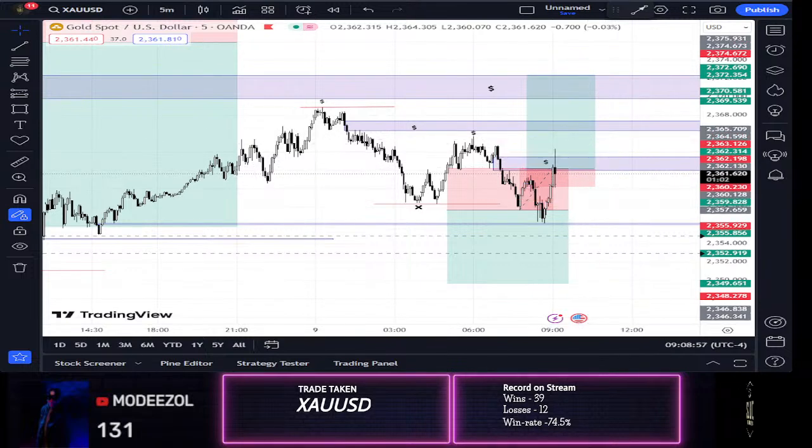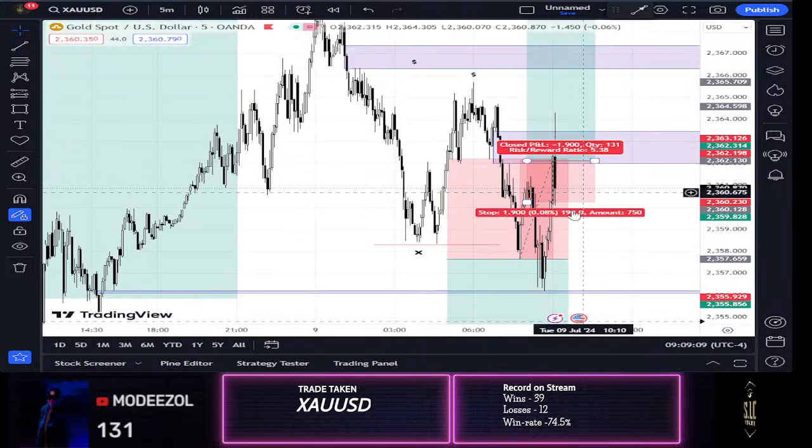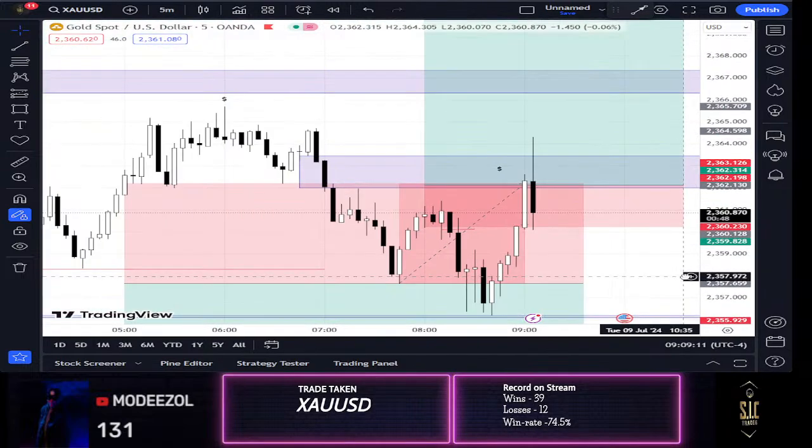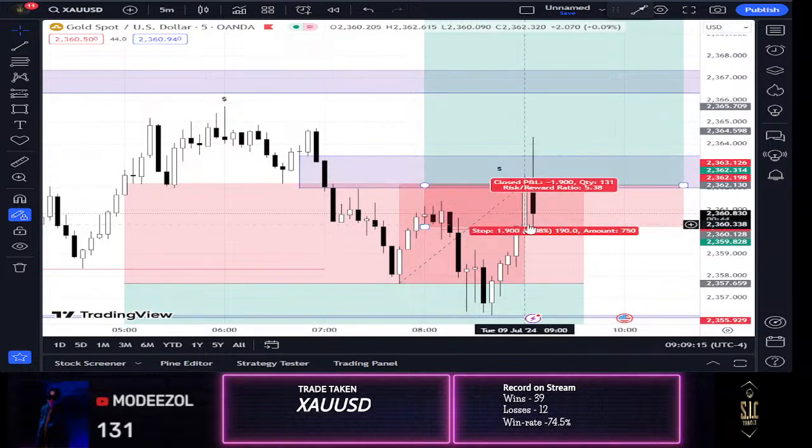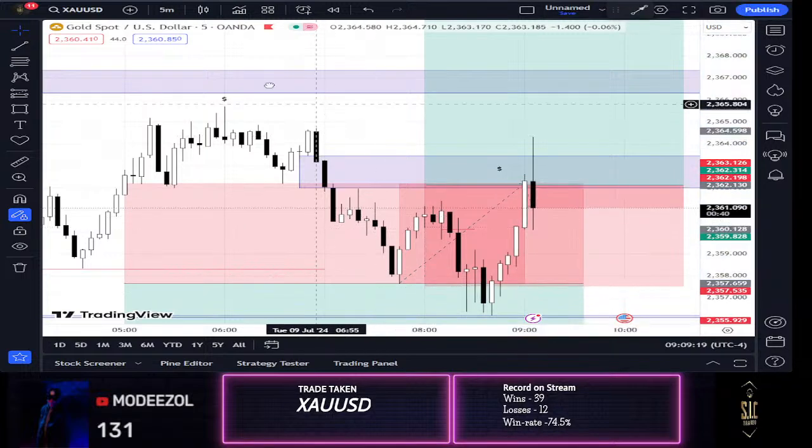I think it hit TP1 and, hold on, let me see. Yeah, it came back and filled this little area right here. What is this, a 19 pip stop? Oh, I must have finished doing this.